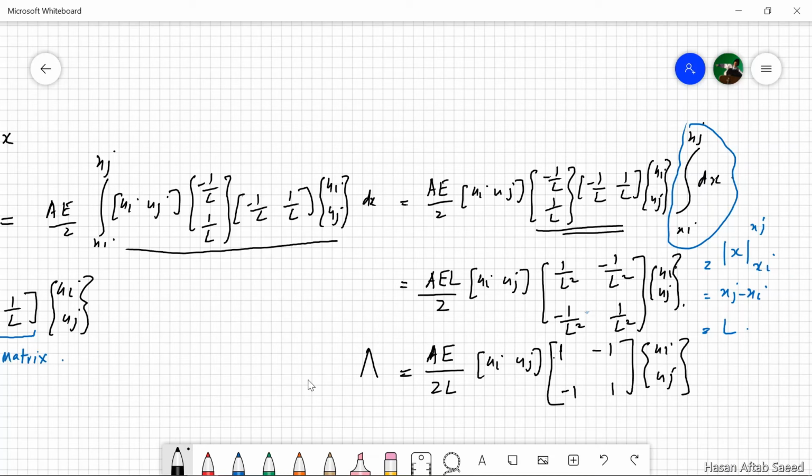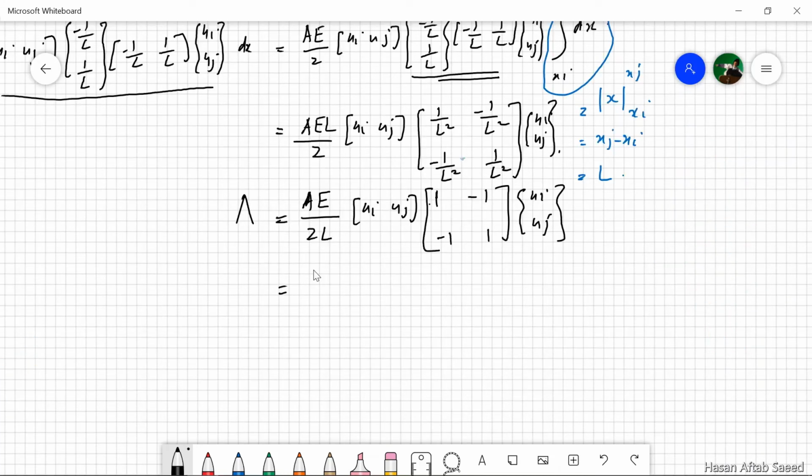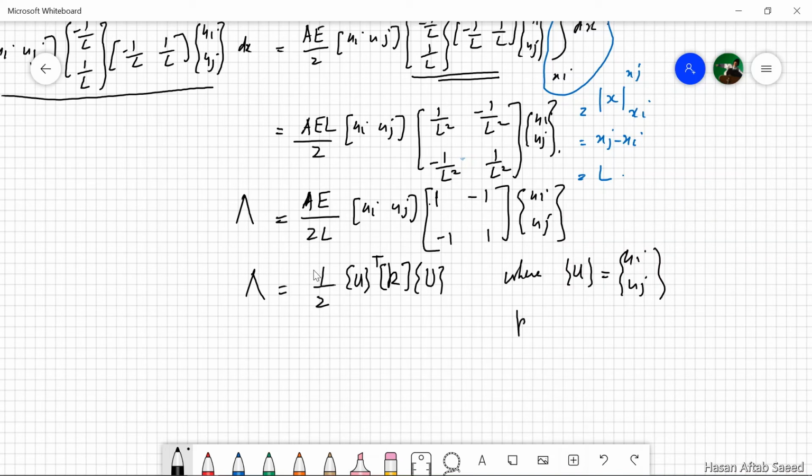And symbolically, you can write this as simply this, where U is Ui Uj and K, which is called the stiffness matrix.